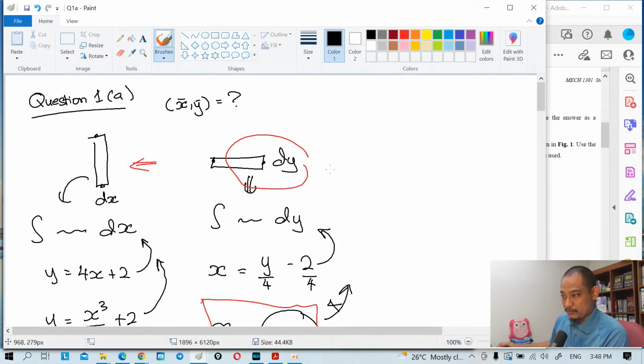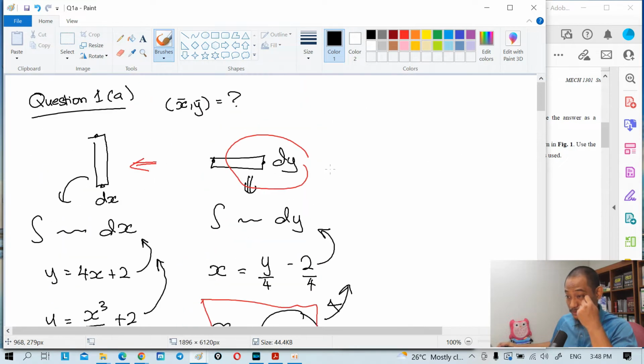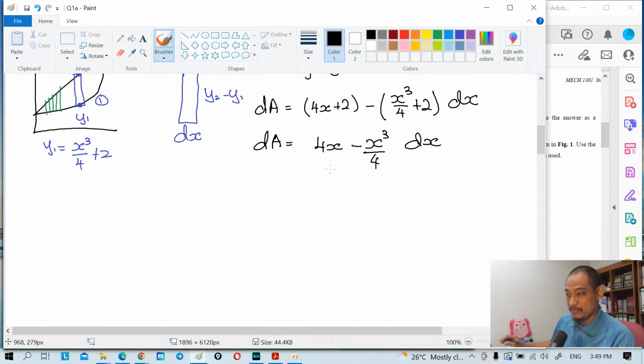Now, we haven't stated the equation, right? So what is the equation for what we're talking about here? Centroid. The equation is x bar equal to the integration of x tilde dA over the integration of dA, right?